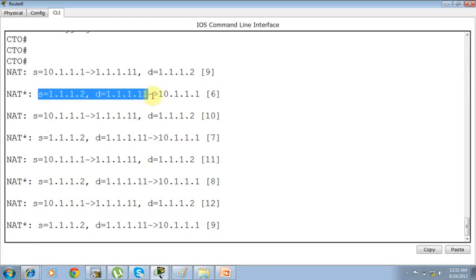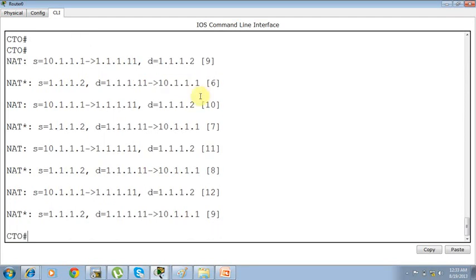And the CTO router will retranslate this IP address into 10.1.1.1 using its NAT table. So there are 4 ping packets. So you can see here there are 4 translated packets and their replies.